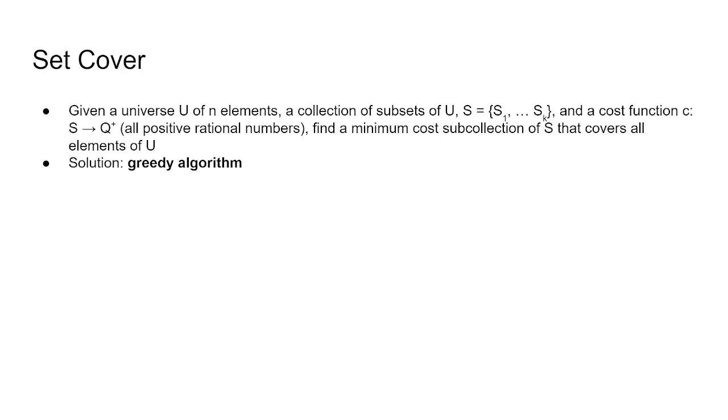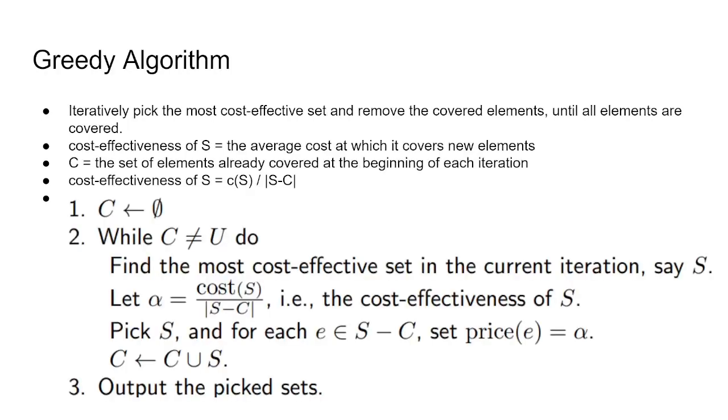So the intuition here is you use the greedy algorithm, which I'll be talking about in the next slide. So the greedy algorithm iteratively picks the most cost-effective set and removes the covered elements from that set. We repeatedly do this until all elements are covered. So we define the cost effectiveness of S to be the average cost at which it covers new elements.